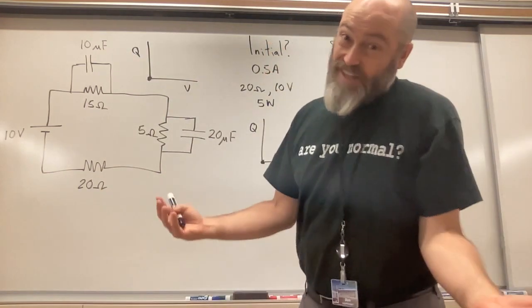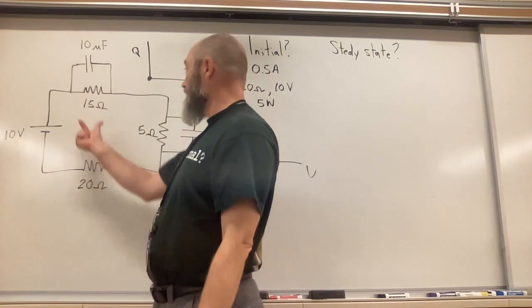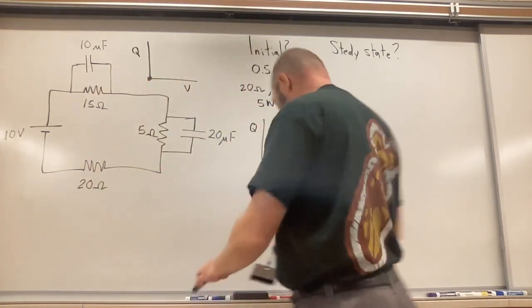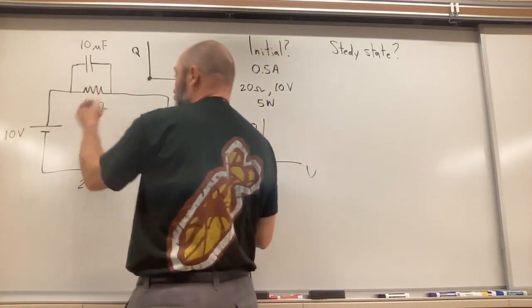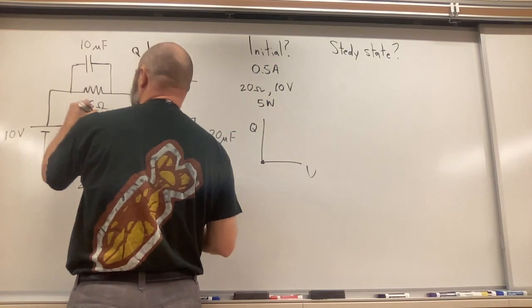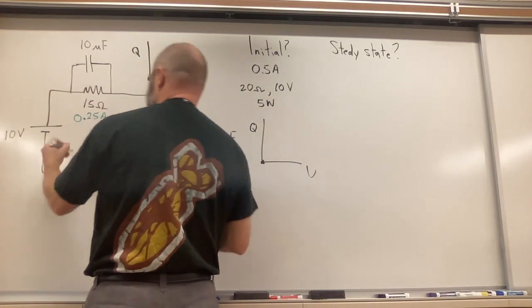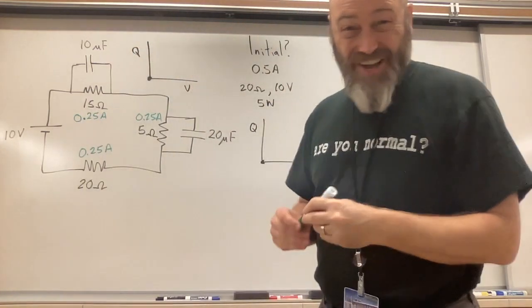How do you find the total resistance in a series circuit? You just add them up. So 20 plus 15 plus 5 is 40. If you use your very nice equation, that means each light bulb, once it's fully charged, would get 0.25 amps, 0.25 amps, 0.25 amps, and then you could figure out your voltage.